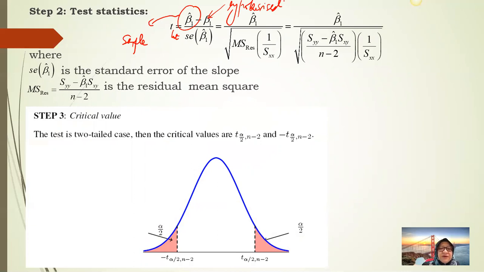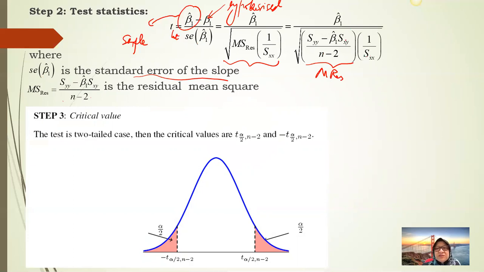And then we have the standard error, SE of beta 1, which is calculated using this formula: the square root of the mean residual times 1 over SXX. This part is the mean residual, and this is 1 over SXX.